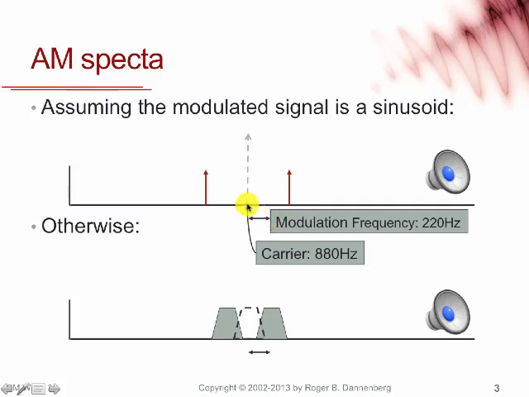So that means while the original signal is here, it disappears, and that signal is shifted by the modulator down by 220 hertz to 660 hertz, and it will be shifted upwards as well by 220 hertz.